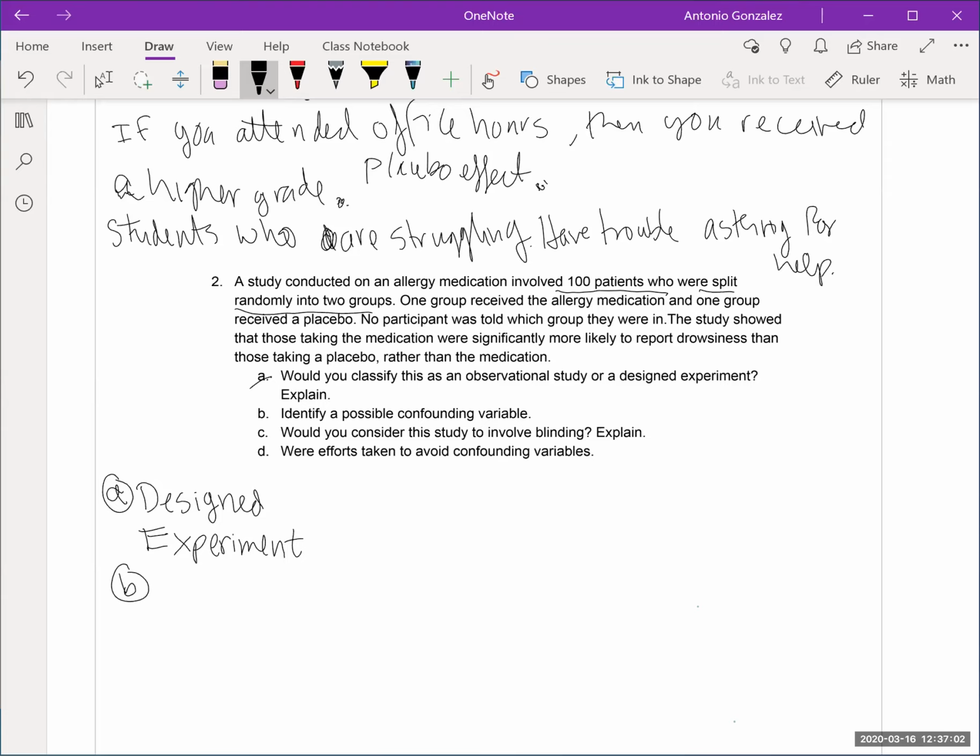One thing that we might not be accounting for is: are these subjects, these volunteers, taking other medications?